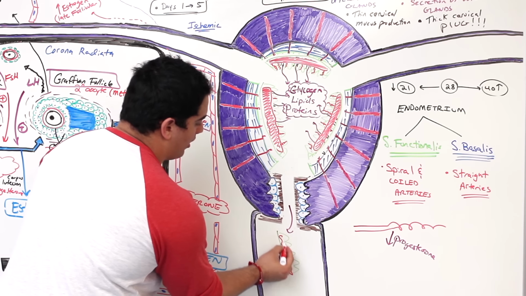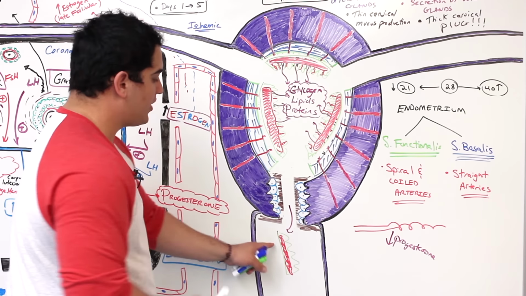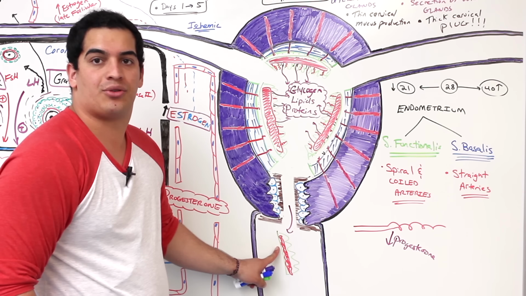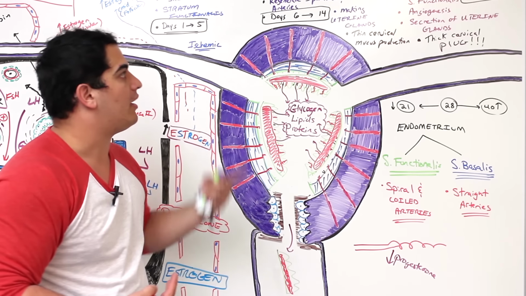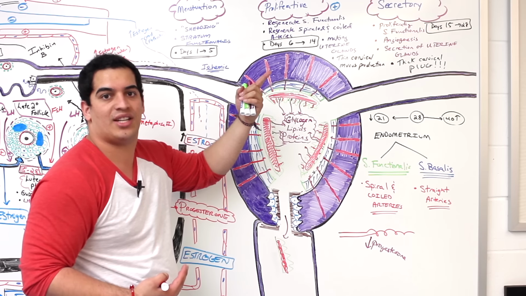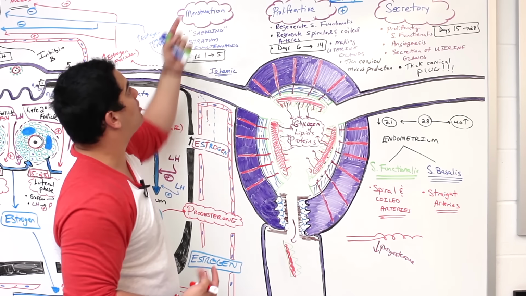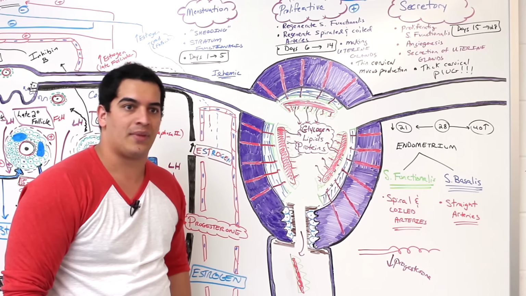All that blood that was lost from the spirally and coily arteries. What is this called whenever you're shedding the inner lining of the uterus? Menstruation. So now, guess what happened? The normal menstrual cycle ended at day 28 if fertilization didn't occur, and it starts back over on day 1 to begin the menstruation process all over again.